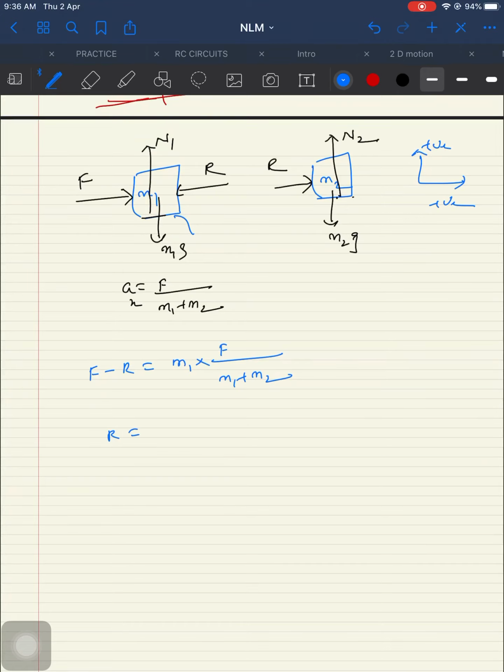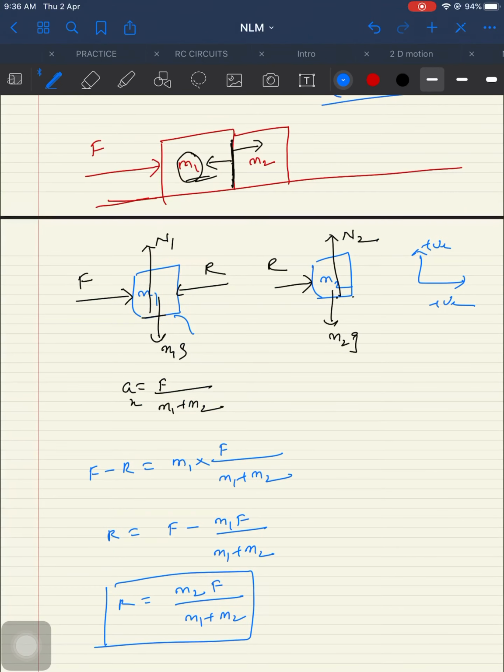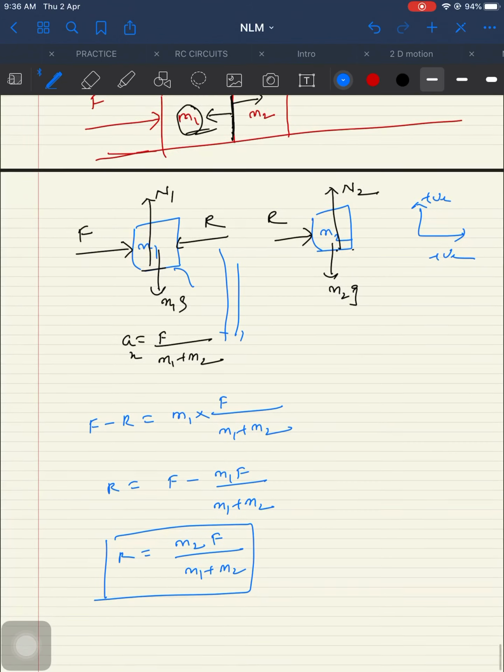Let's write R is equal to F minus m1 F by (m1 plus m2), which is equal to m2 F over (m1 plus m2). This is the reactive force.